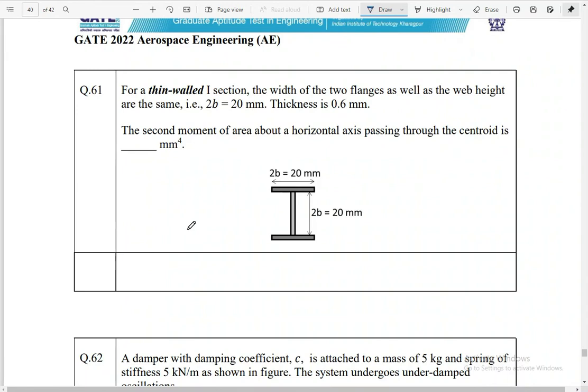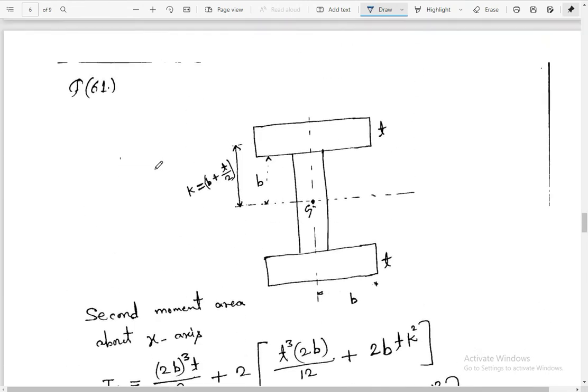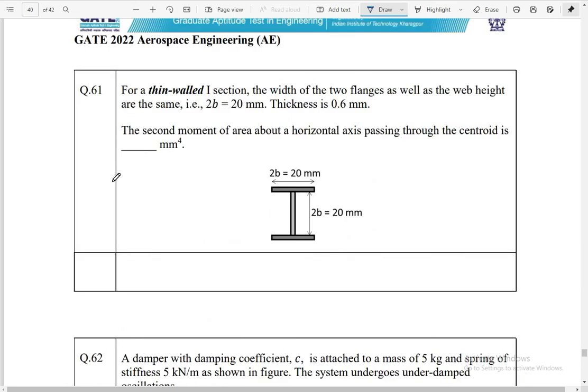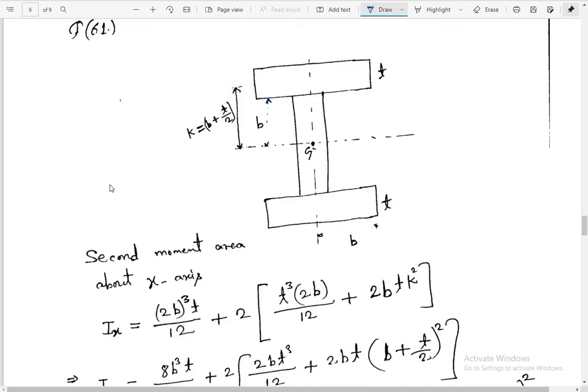Question number 61 is very easy. The total length is given, 2b equal to 20 mm, thickness 0.6 mm. The second moment of area about a horizontal axis. So this is actually B, because the total is 2b, so half is B. And we have this K from here.